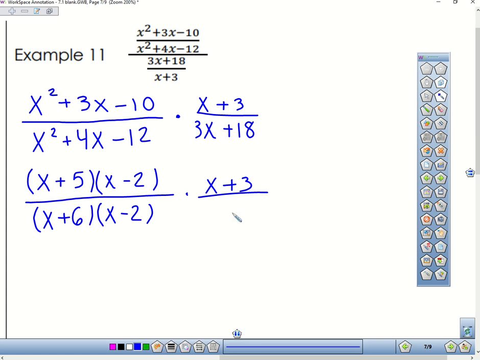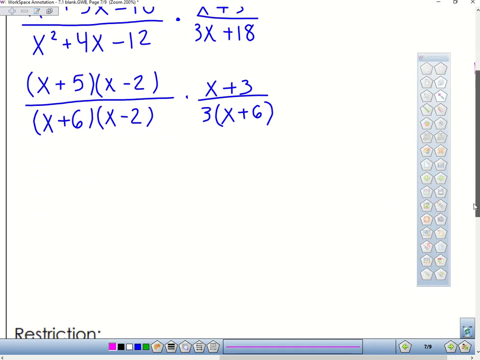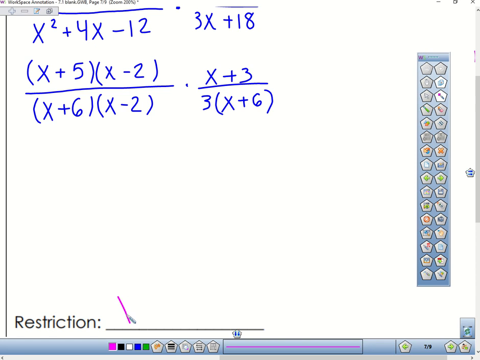Can factor out a 3 here. And then for your restriction, set your denominator equal to 0. So x can't be -6, x can't be 2, and x can't be -6, we already did.